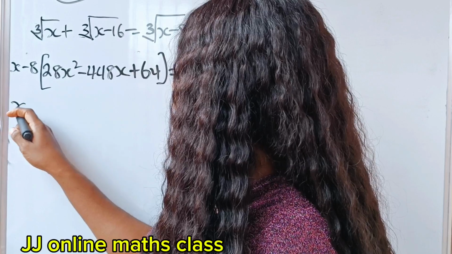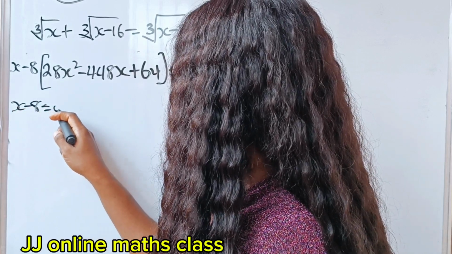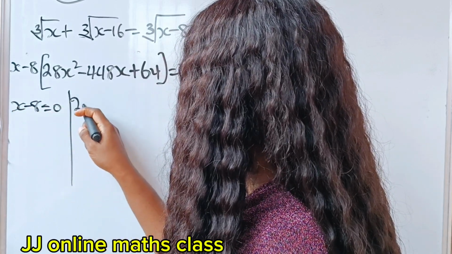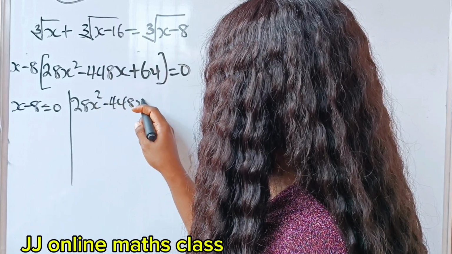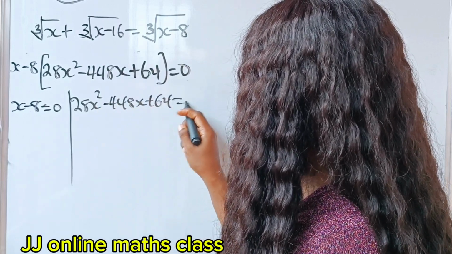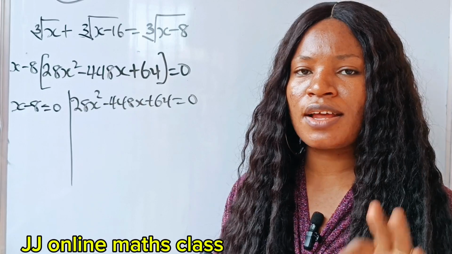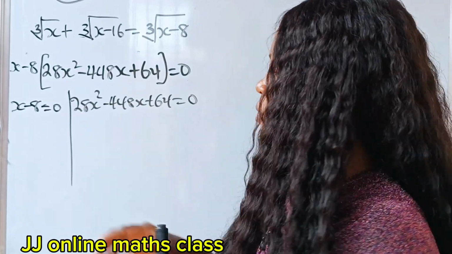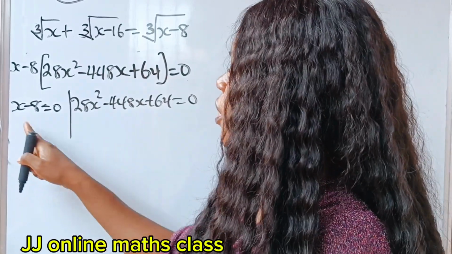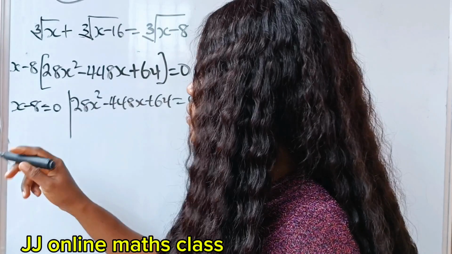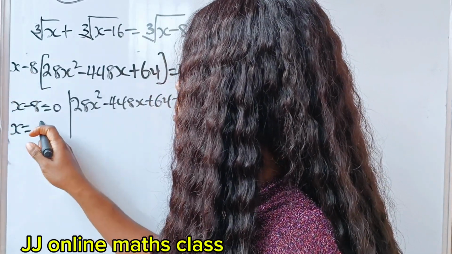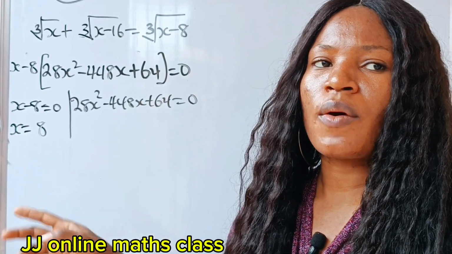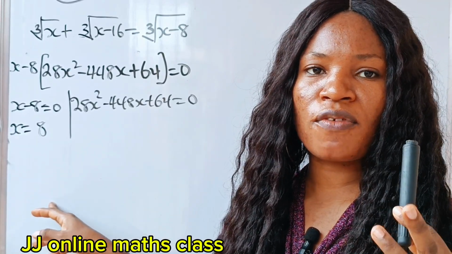So we have x minus 8 is equal to 0, or 28x squared minus 448x plus 64 is equal to 0. So these are the two values of our x. Now let's solve. From the left hand side, we can say that our x is equal to minus 8, we cross to become plus 8. So we have found the first value of x.